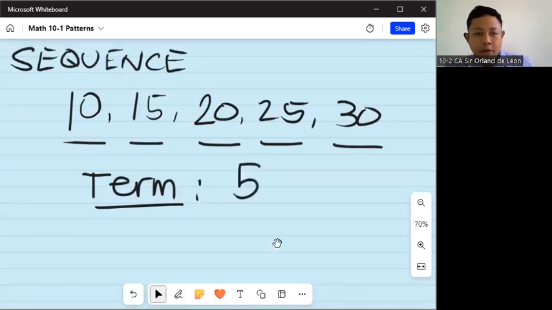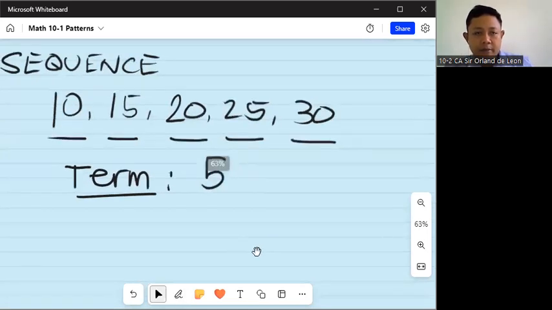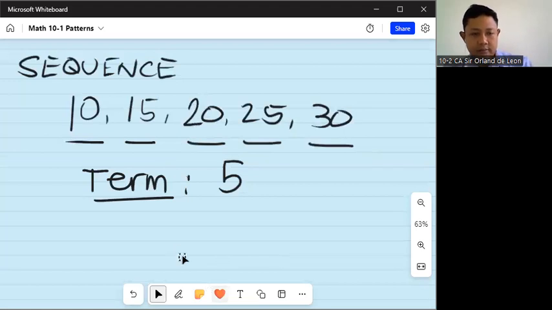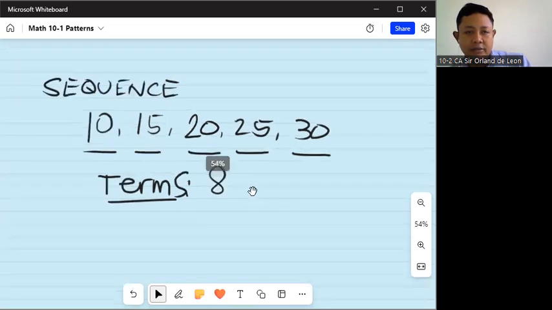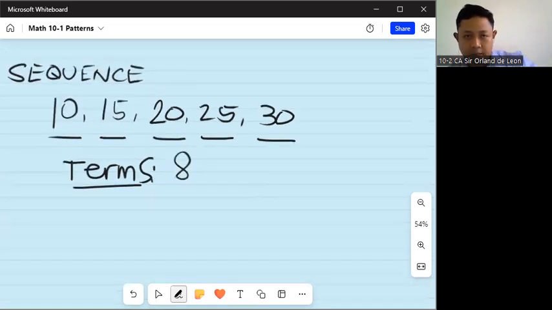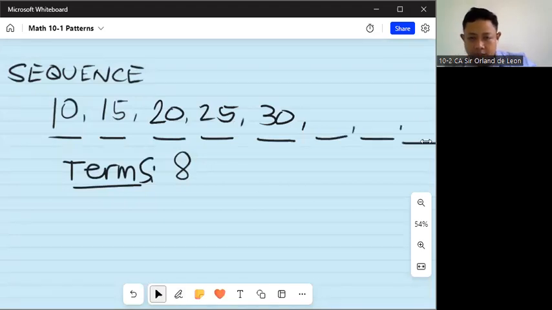Correct. So what if we continue this, and I would like to identify 8 terms in this sequence. Help me identify the next 3 terms. Go. What are the other 3 terms? Raise your hand if you want to answer.